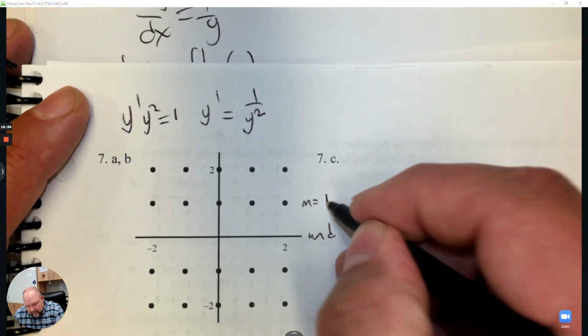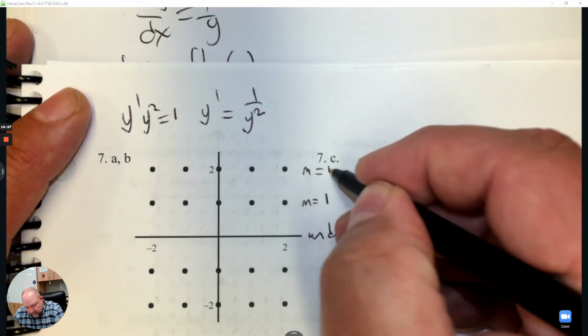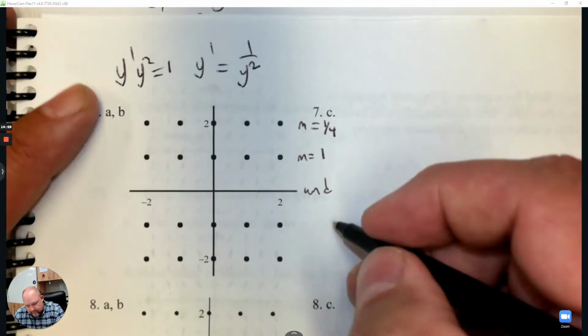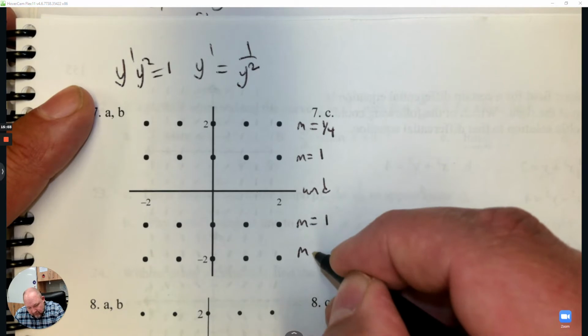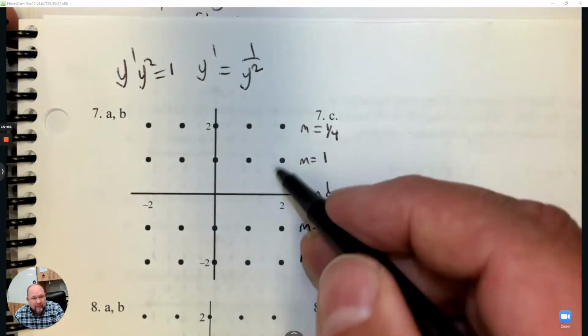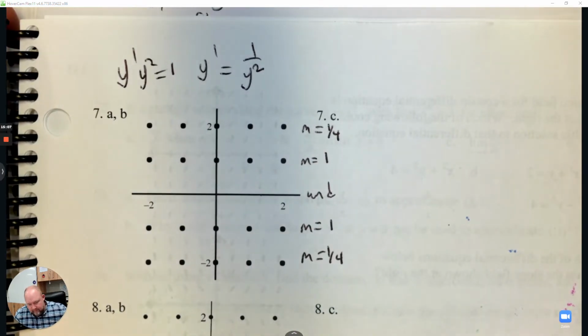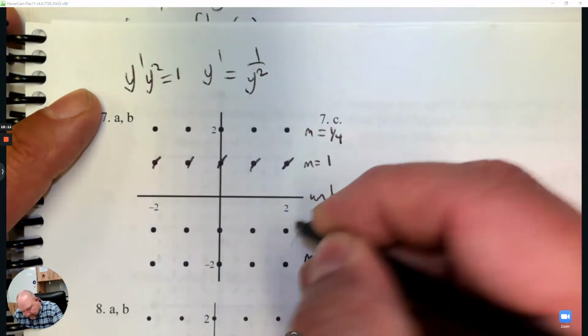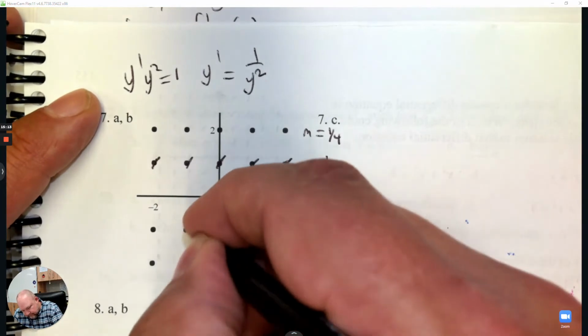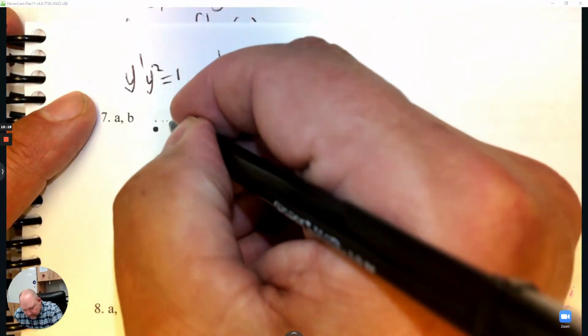If I plug in 1, the answer is 1. And if I plug in 2, it's 1/4. Negative 1 will give the same answer. And negative 2 will give the same answer as above. So these will marry each other. So we have 1. And then 1/4 is like up 1 over 4.